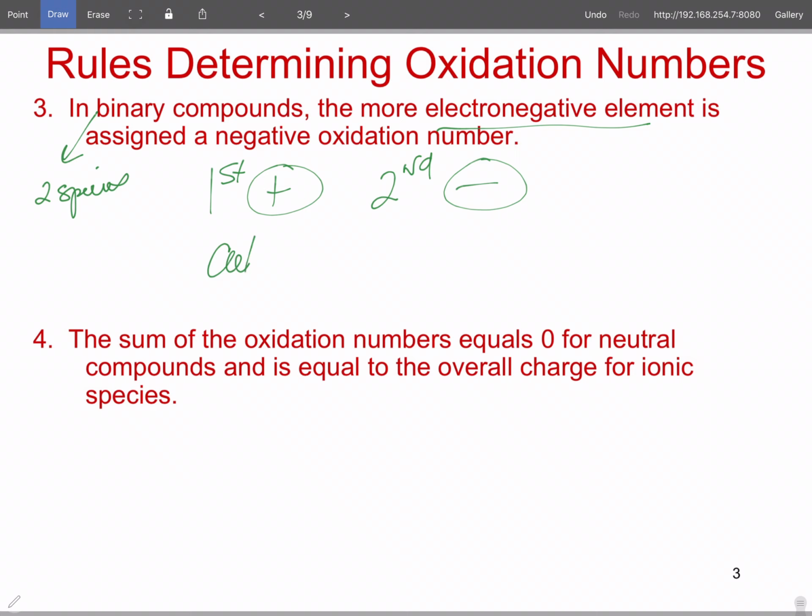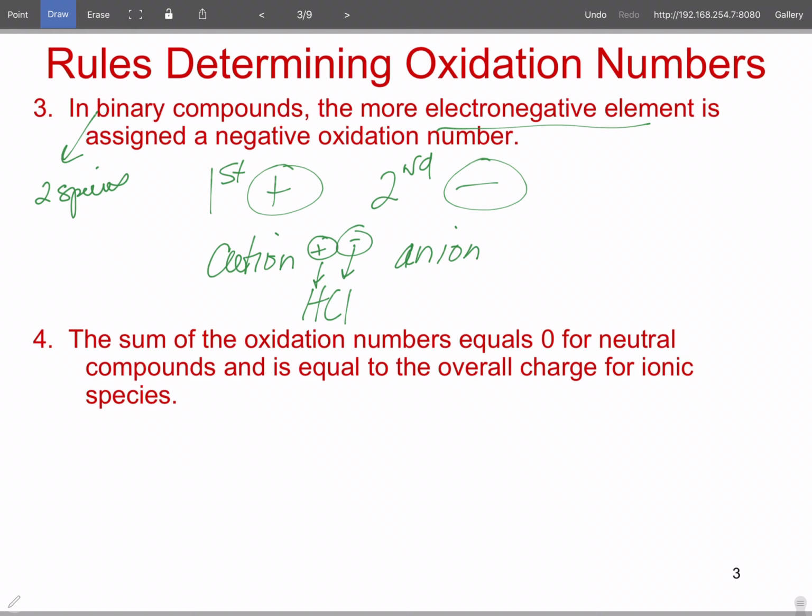So remember before when I told you we did ions, the cation would be first, the anion is second. If you have a compound like HCl that is non-metals, then this one's going to be positive and this one's going to be negative. Okay, so basically you list the positive species first, whether it's a positive ion or a positive oxidation number.